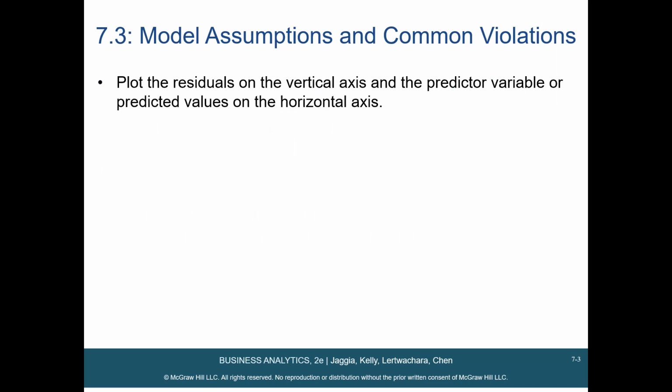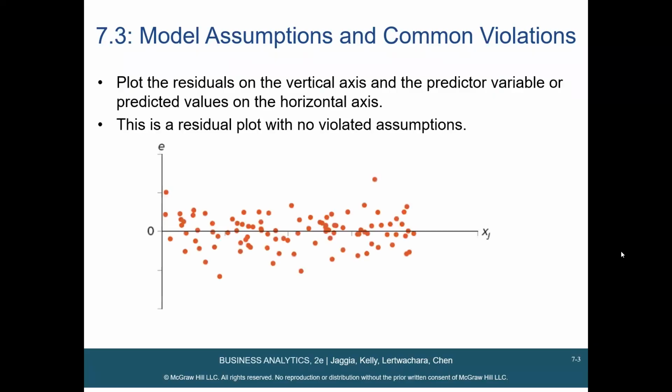As I told you on Tuesday, you're going to want to plot the residuals on the vertical axis and the predictor variable or predicted values on the horizontal. This is what a residual plot that is not violating any of the assumptions looks like.